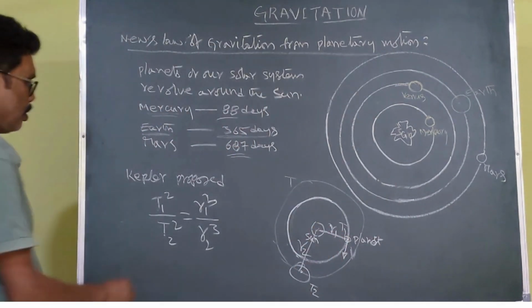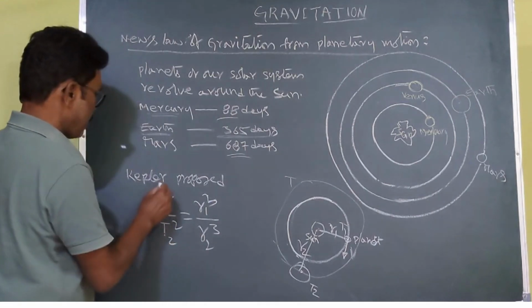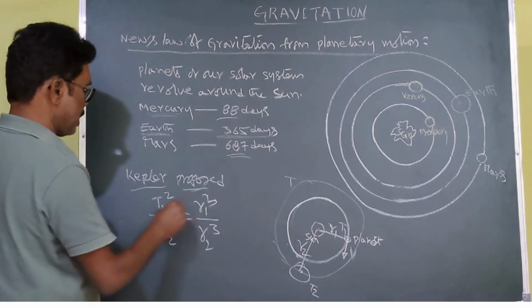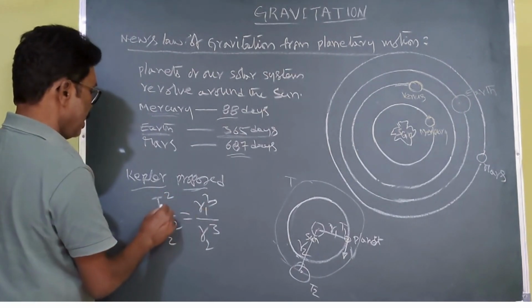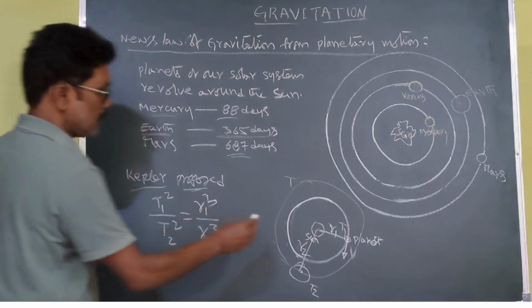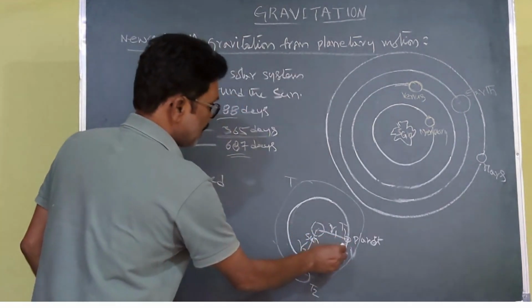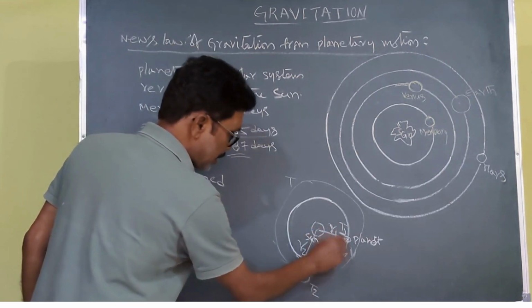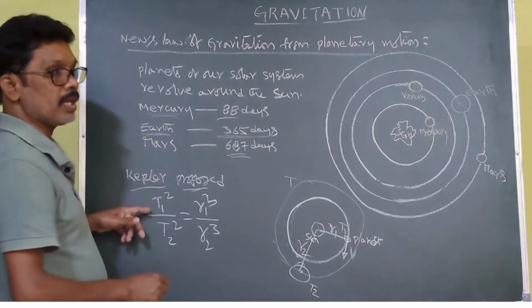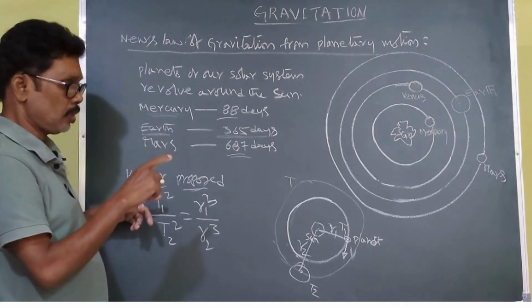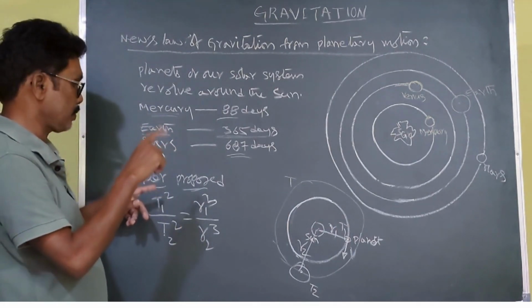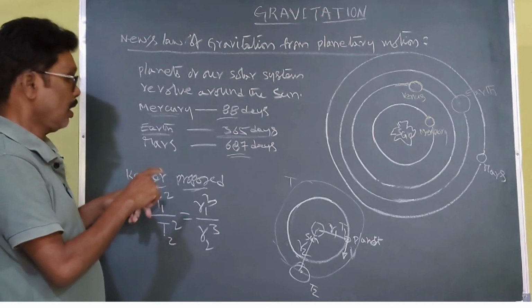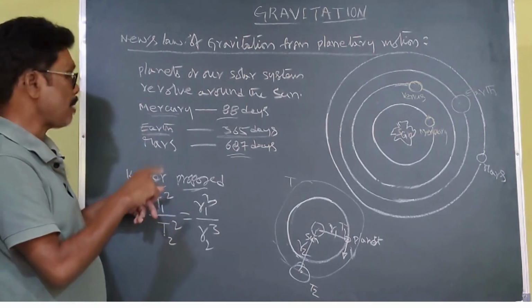From this he proposed the relation between the time to complete one revolution, T, and the radius. Suppose this one planet completes a revolution in time T1 squared; then the radius required is the cube of that radius.